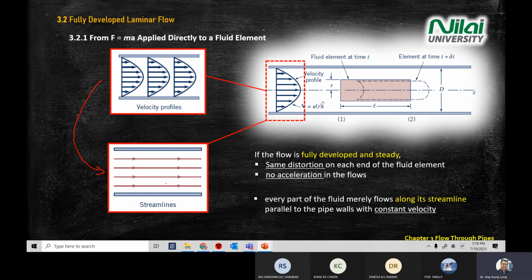Don't confuse streamline and velocity profile. They are different things. But by observing the streamlines, you can see that this behavior is called steady flow.